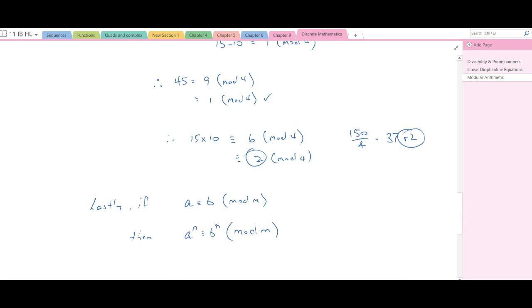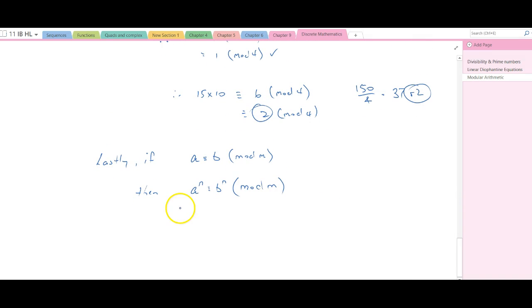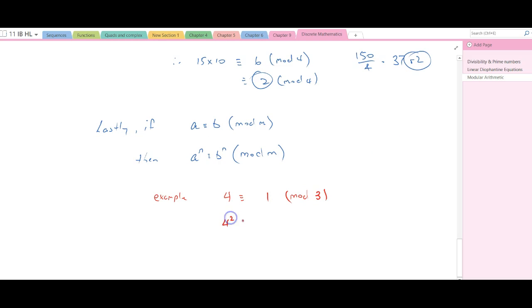For example, in mod 3, 4 is the equivalent of 1 in mod 3, then 4 squared will be the equivalent of 1 squared in mod 3, and we've got that because 16 is 5 threes.